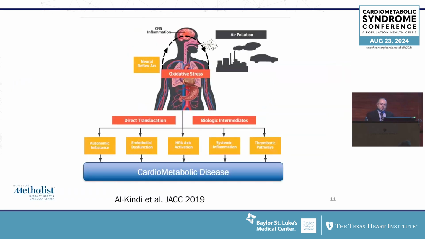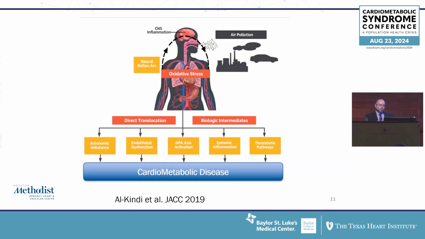So just to conceptualize this and leave you with this figure about air pollution, we think about air pollution as initiating the mechanisms of causing cardiometabolic diseases. We have three main initiating mechanisms. We have oxidative stress that happens in the lung primarily. We have some biologic intermediates, primarily interleukins that start from the lung and go to multiple organs.